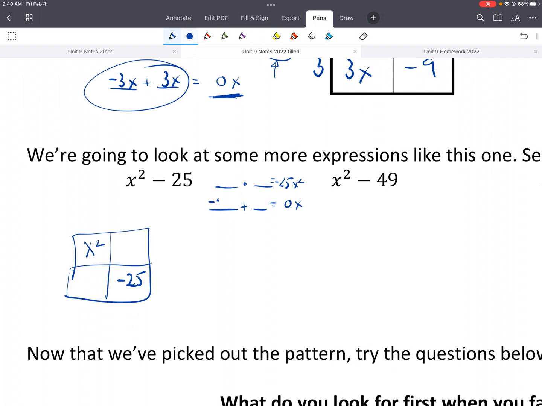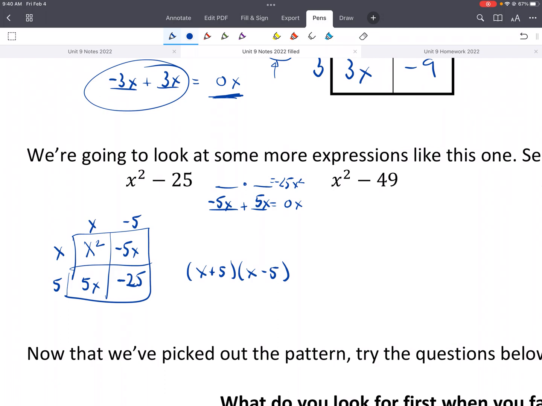If we did negative 5 and 5, that would give us the 0 we're looking for. So here we'd get negative 5x and 5x, and then we could factor out an x and a 5, and an x and a negative 5.